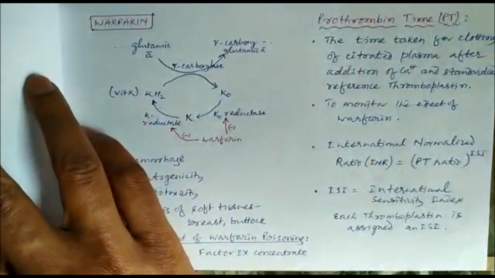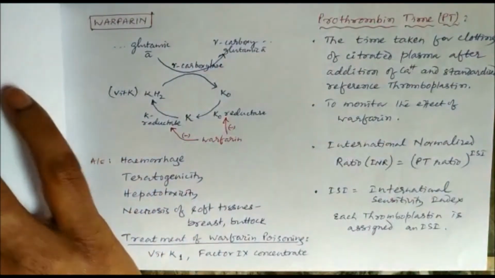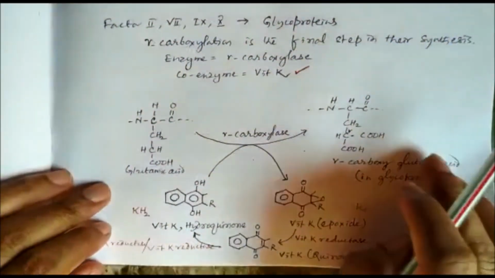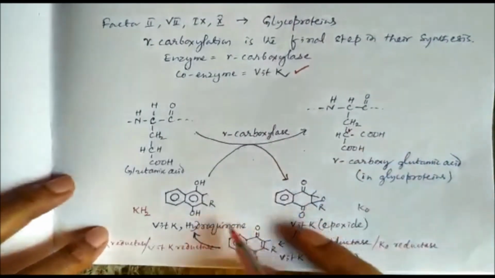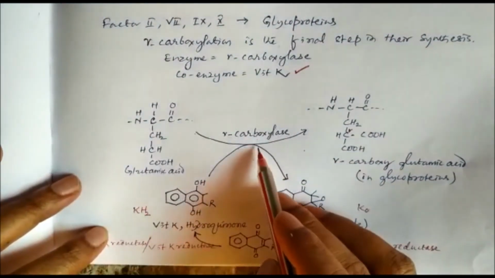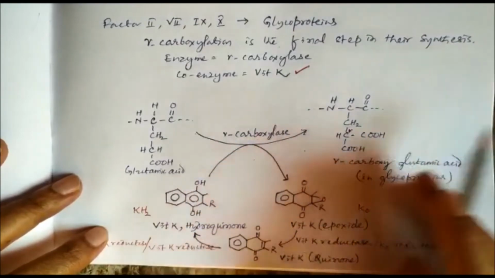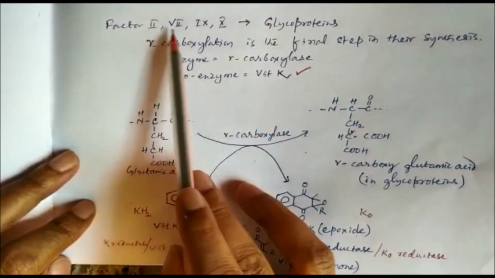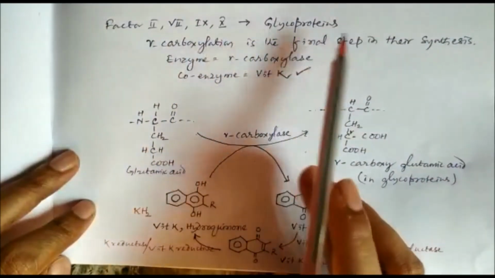Now we will discuss the oral anticoagulants, like warfarin. Vitamin K acts as the coenzyme to the enzyme gamma carboxylase in the synthesis of 4 factors, factor 2, 7, 9 and 10, which are all glycoproteins.